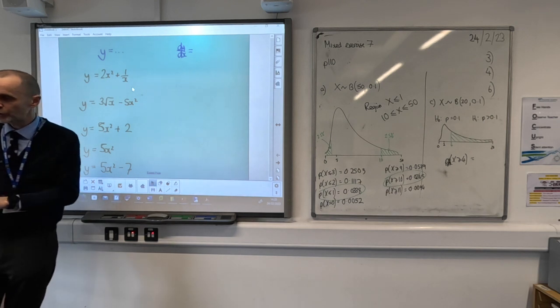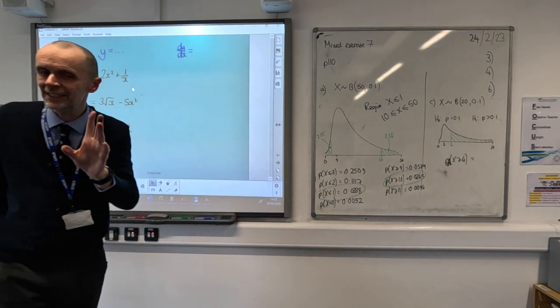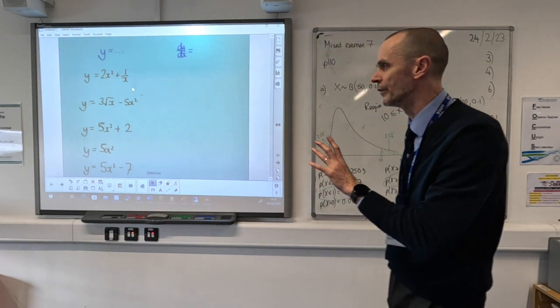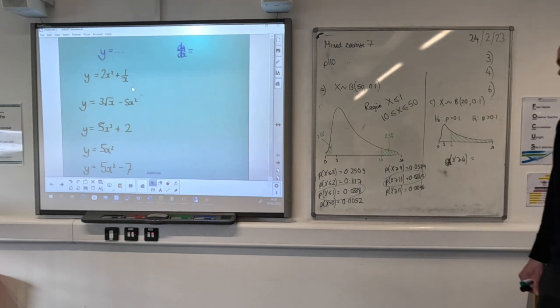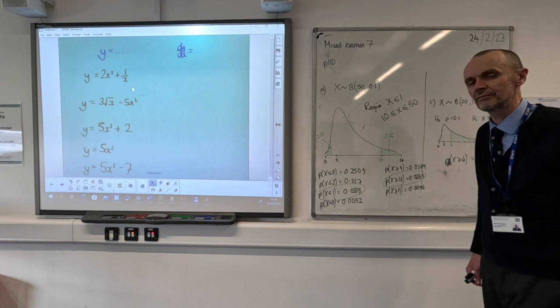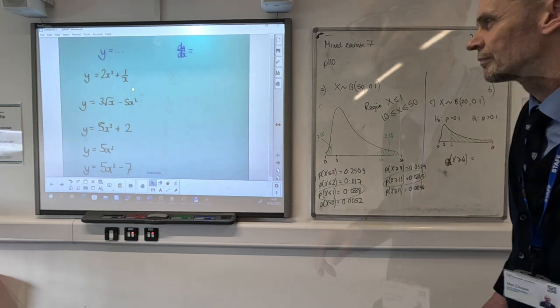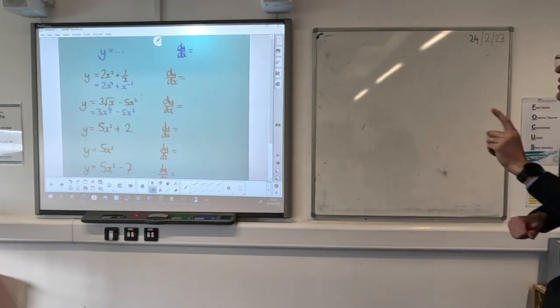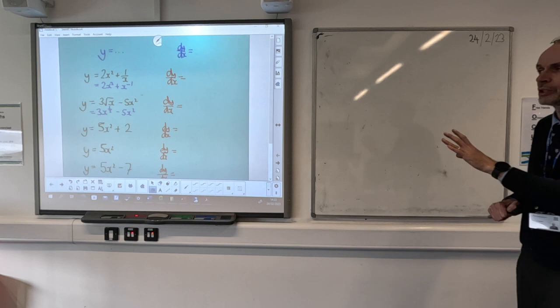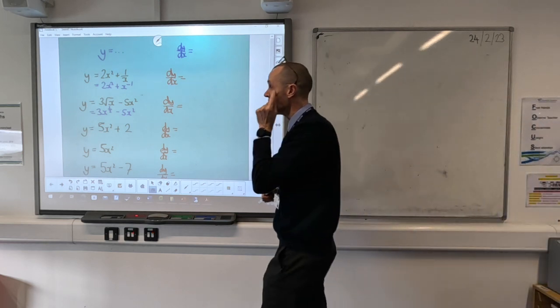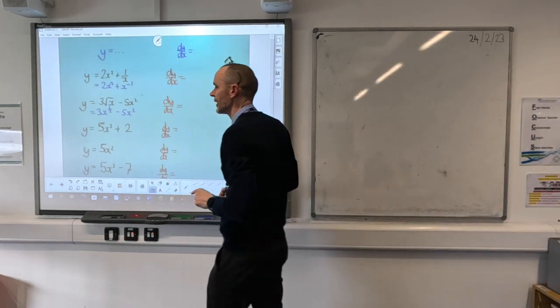I'm hoping the first 2 you're going to rewrite them using index notation, replacing 1 over and the square root of with x to the power of something, because remember, you can't differentiate until you've done that. Okay, so for my first 2, I have rewritten them using index notation, because I can't differentiate 1 over x until I've rewritten it as x to the minus 1.